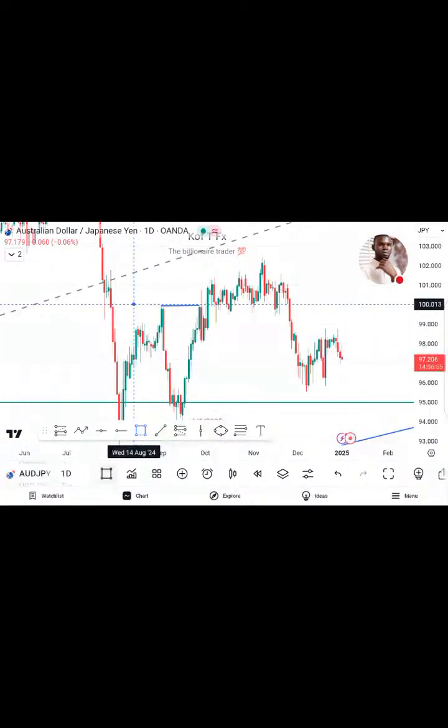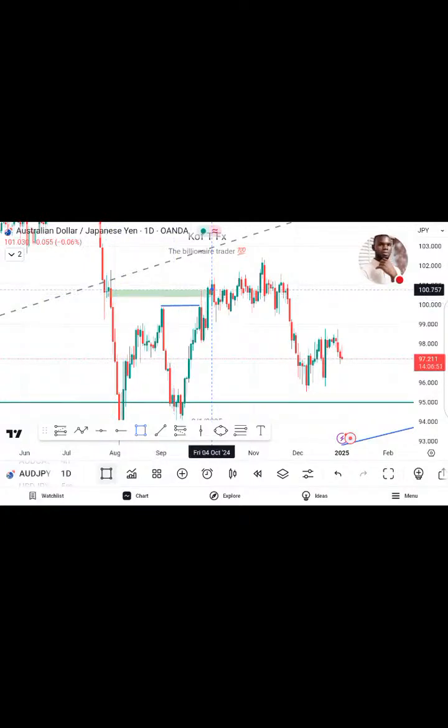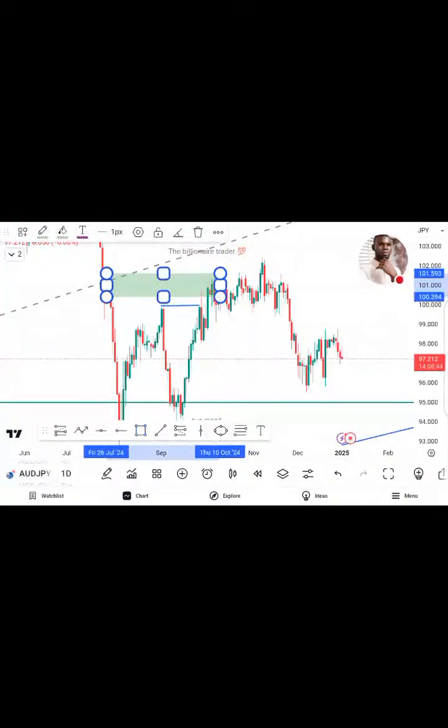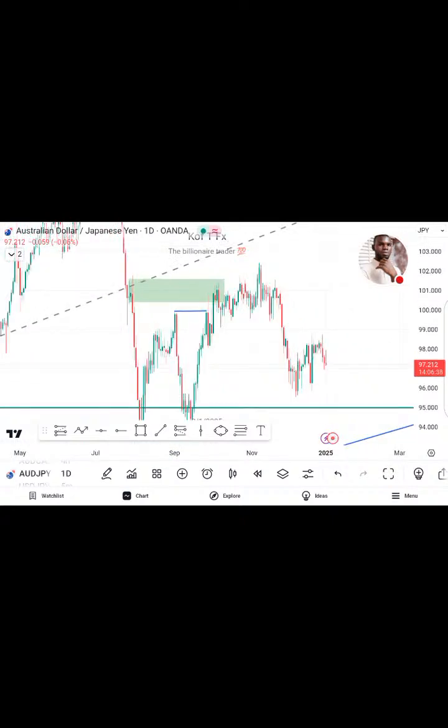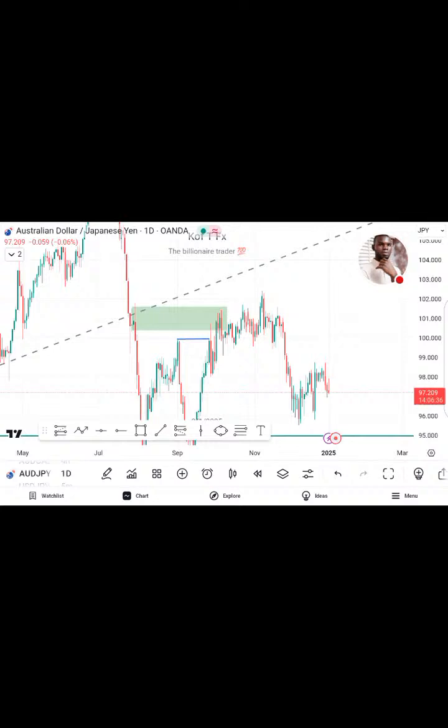Okay, this demand zone, this base, as you can see, supply zone order, that base was invalidated. Okay, demand to get.